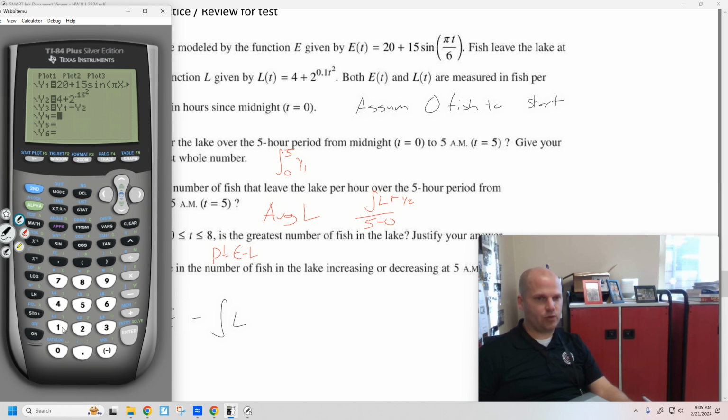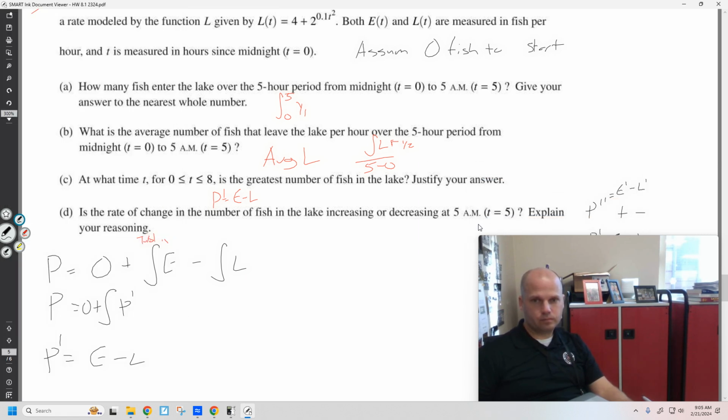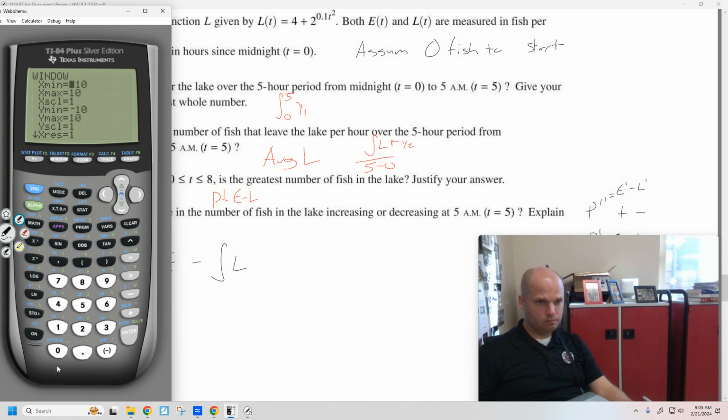But it's nice to see all three. We're going from 0 to 8 for the greatest. Most of the times we're going 0 to 5.